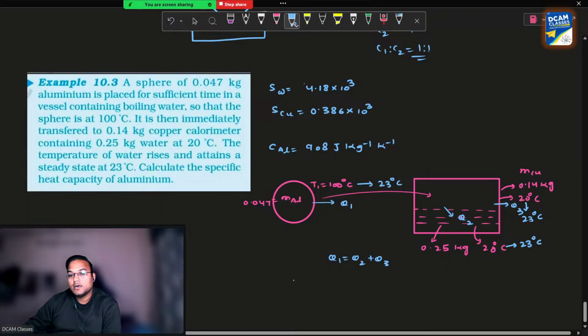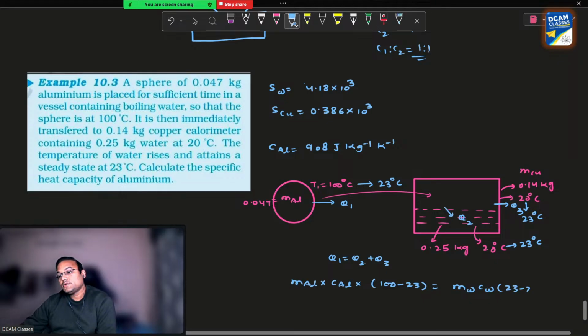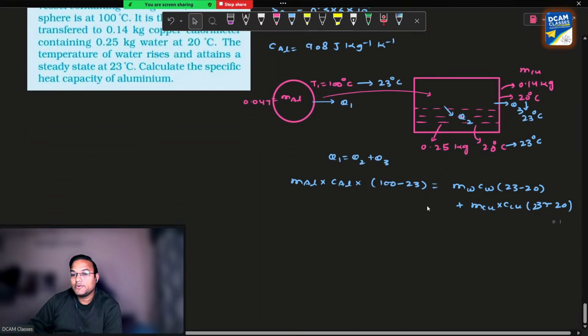Q1 is M aluminium into C aluminium into 100 minus 23, equal to M water into C water into 23 minus 20 plus M copper into C copper into 23 minus 20. That's the equation you have to write.